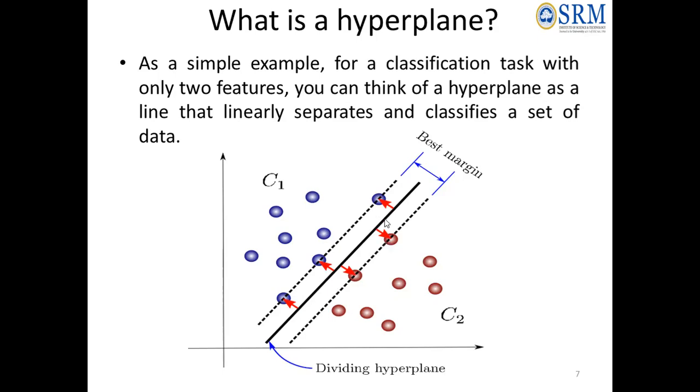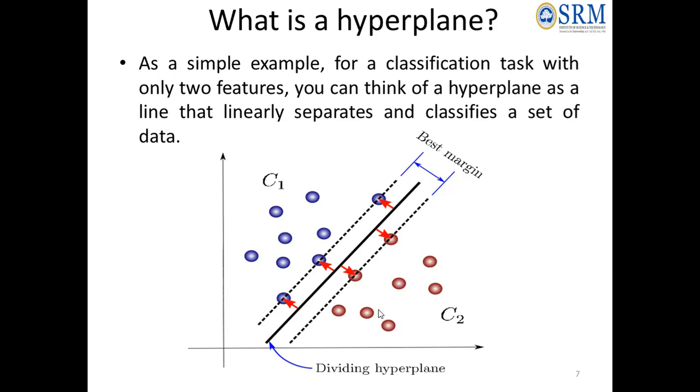Here I have equal space, let the space be 2 centimeters, and I have the same 2 centimeters here. With equal space on both sides, it is called the best margin. The line which divides the two sets of points is called the hyperplane, and this is called a correct hyperplane.